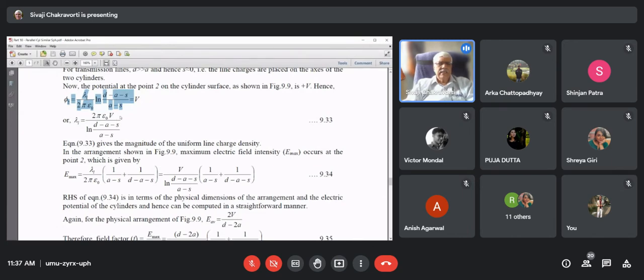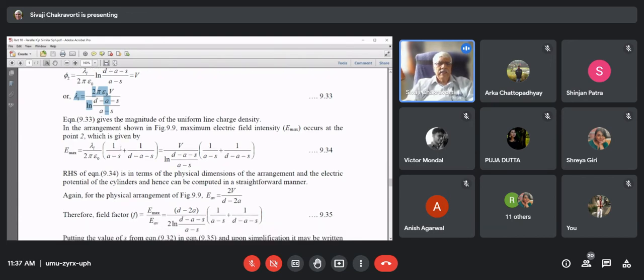And if you look at the right-hand side, you can see this has only the potential V, and all others are physical dimensions. D, the distance between the two axes, A is the radius, S is the eccentricity of the image charge. So they are all physical dimensions. So equation 9.33 clearly gives you the magnitude of the charge lambda 1.